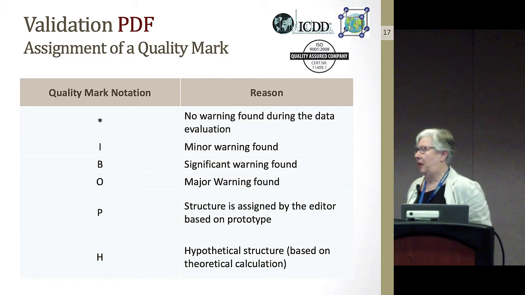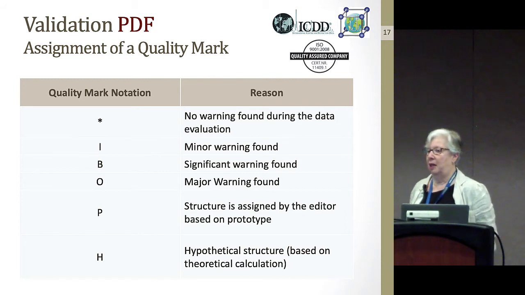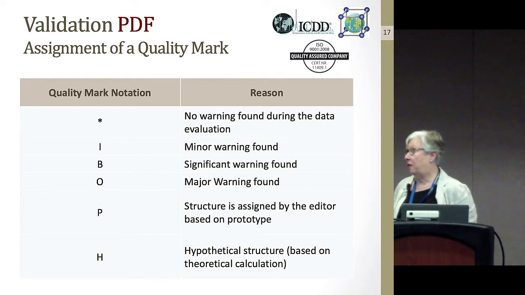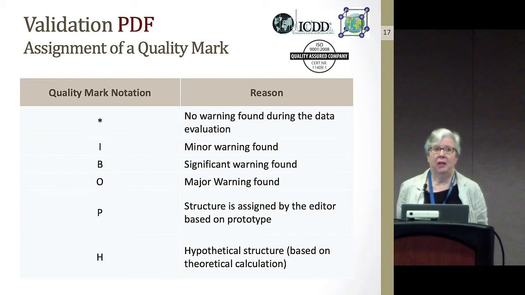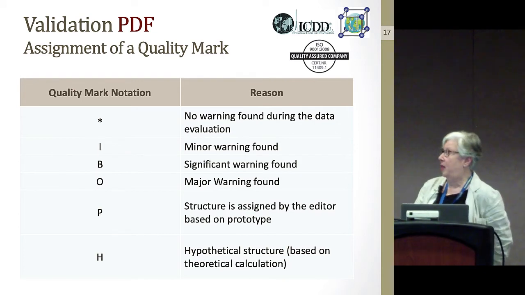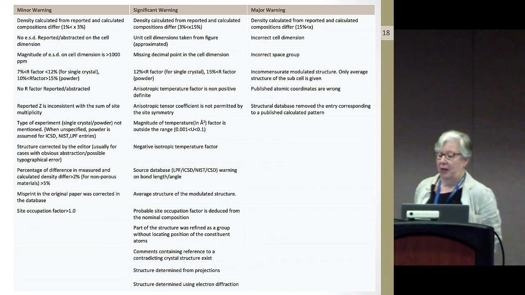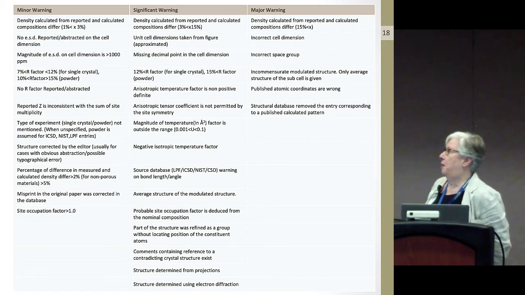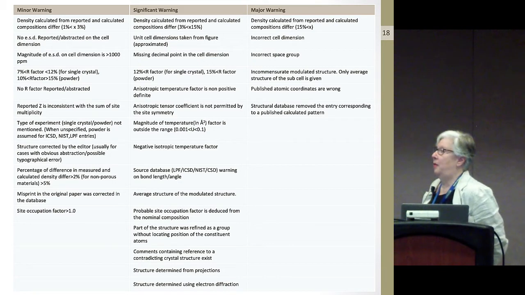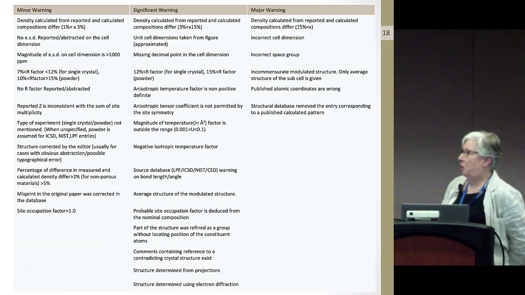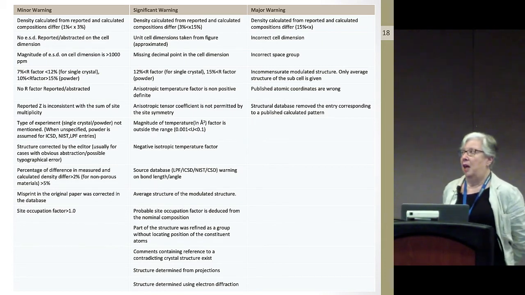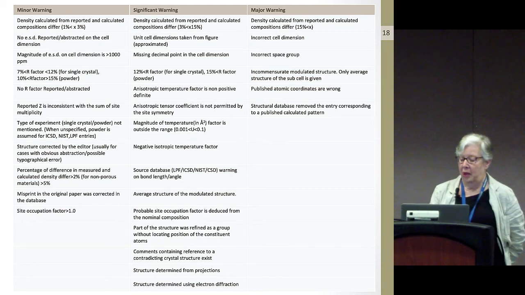And unlike the PDB, the CSD will actually reject data if it does not come up to snuff. And that is a choice that is made by that data resource. And the details of how this is done are shown here, where you will get a major warning, for example, if your space group is wrong or your cell dimensions are wrong. And then there's all different kinds of things. All of these are the different kinds of things that are being checked before anything actually goes into the CSD.